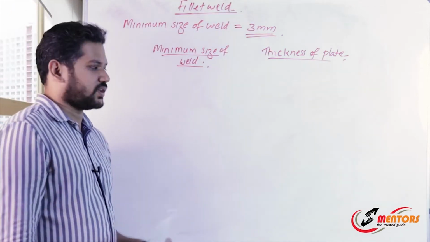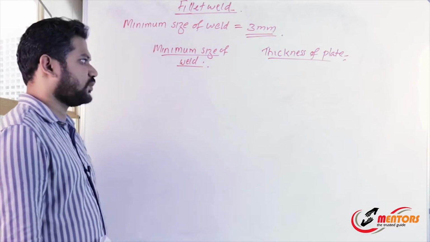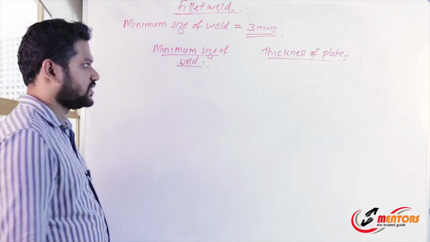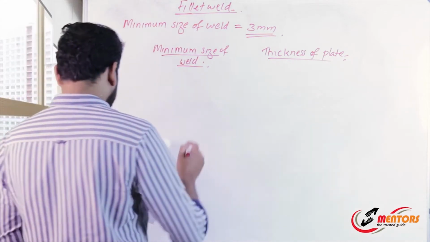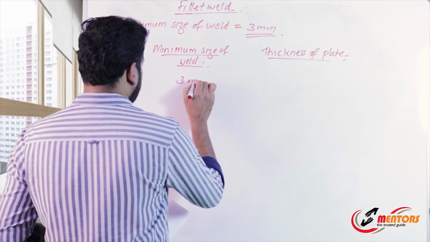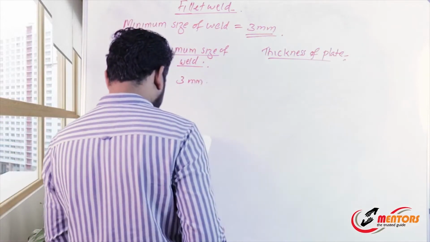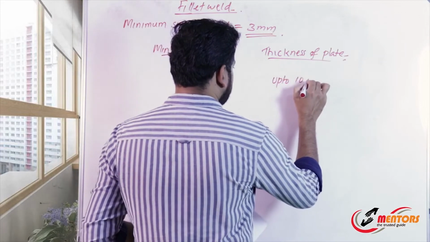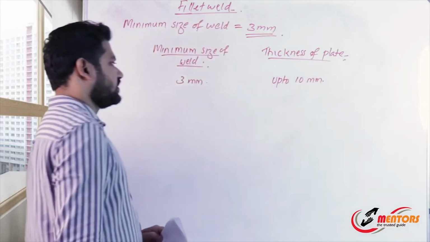Now let us look at the minimum size of weld depending on the thickness of the plate. The minimum size of the weld is taken as 3 mm for plate thickness up to 10 millimeter. This is the first point.